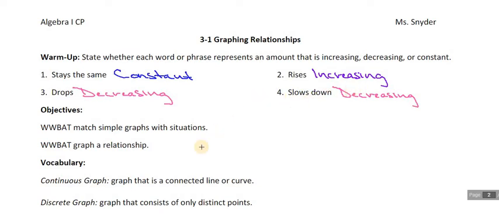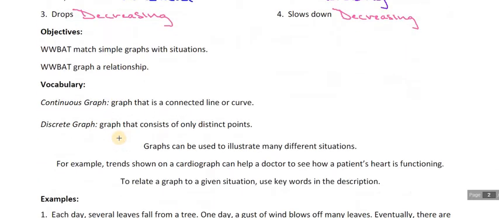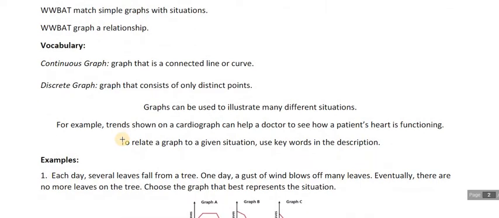So our goals for today are to match simple graphs with situations and to make a general graph of a relationship. There are 2 very important vocabulary words that you need to know from here on: continuous graph versus discrete graph. A continuous graph is a graph that is connected.